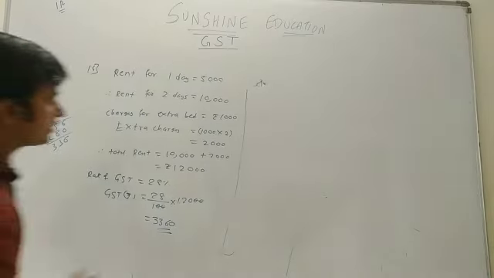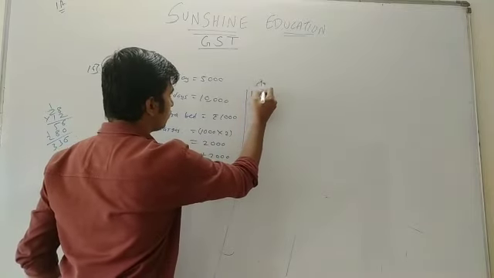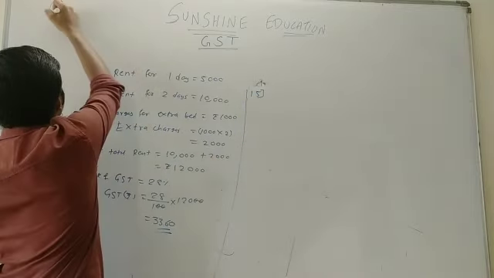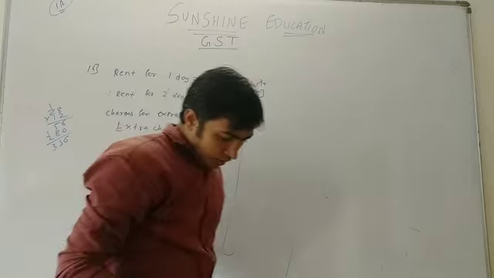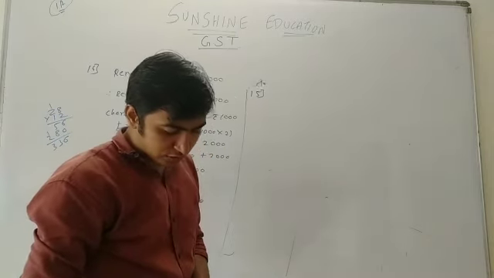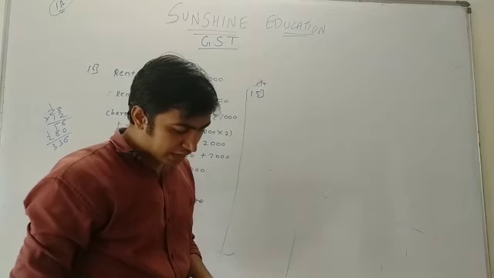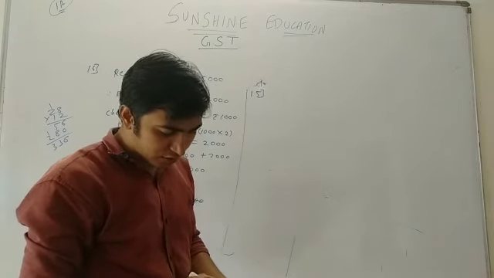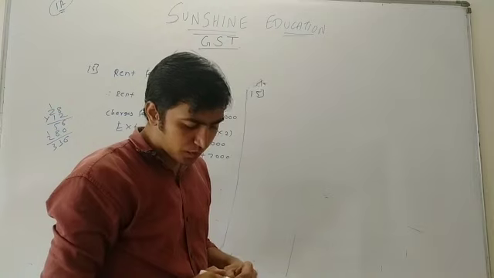Now we'll start with the 15th question, the last question for the first exercise, that is 1A. Ashraf went to see a movie. He wanted to purchase a movie ticket of rupees 80. As a ticket of 80 was not available, he purchased a ticket of 120 of the upper class.